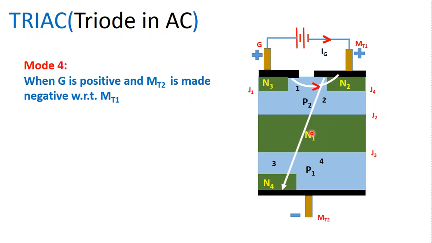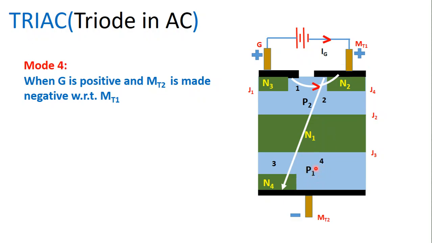These electrons are again collected by this P1 layer, because this P1 layer acts as collector for the P2N1P1 transistor structure. Again this P1 layer is the base of the N1P1N4 transistor structure, so the N4P1N1 transistor structure will turn on.